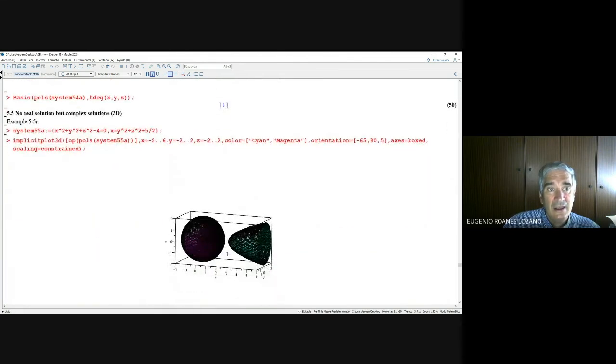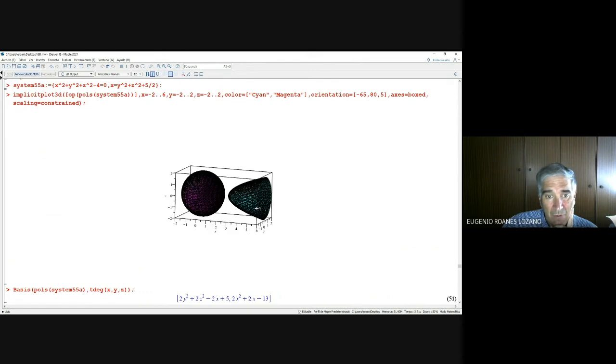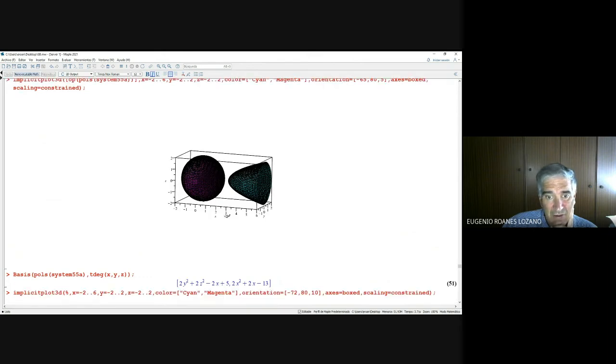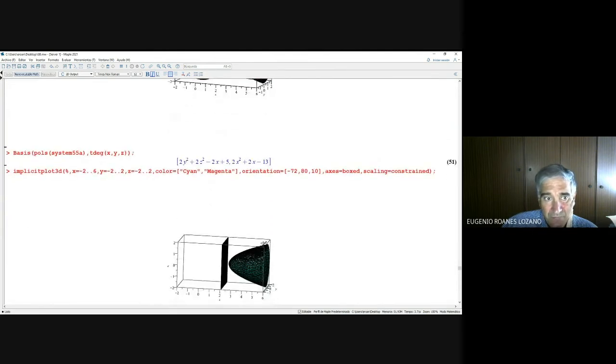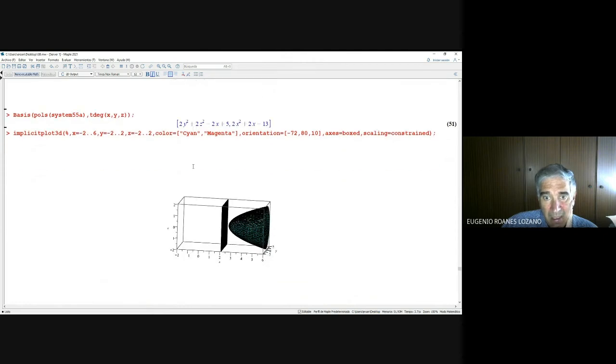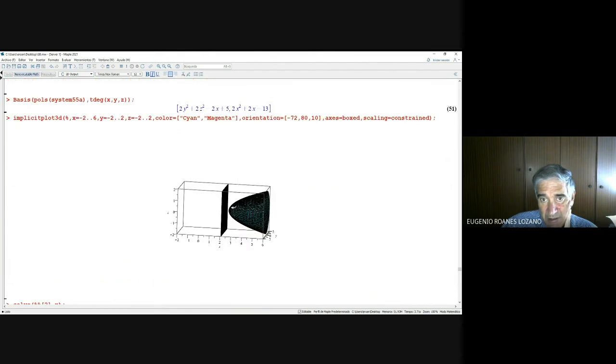And there can be cases where there are no real solutions, but there are complex solutions. For instance, the intersection of this sphere and this elliptic paraboloid is clearly the empty set in the reals, but the Gröbner basis is not 1. That's because if we try to solve, this is how it describes the intersection.